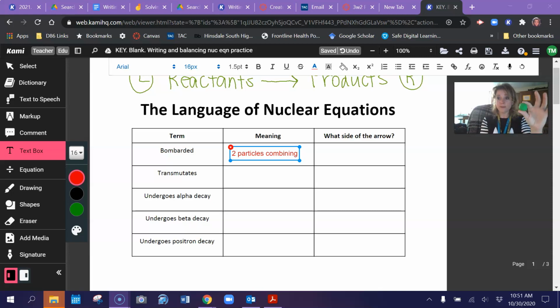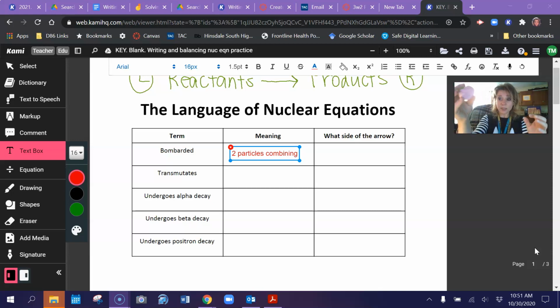So if this little green ball is my radioisotope, if it gets bombarded by the pink one, they are going to combine in order to create something new. So that's what happens with bombardment.